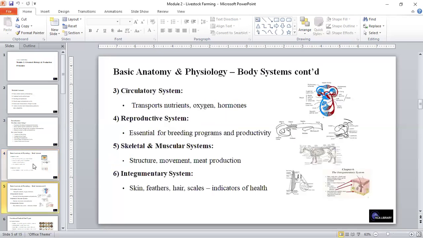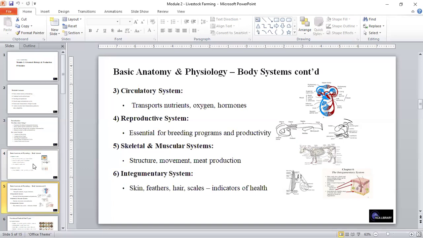The circulatory system deals with how blood moves around the body of the animal, and blood helps to transport nutrients, oxygen, and hormones to each part of the body. So each animal has a circulatory system that is suitable for them.